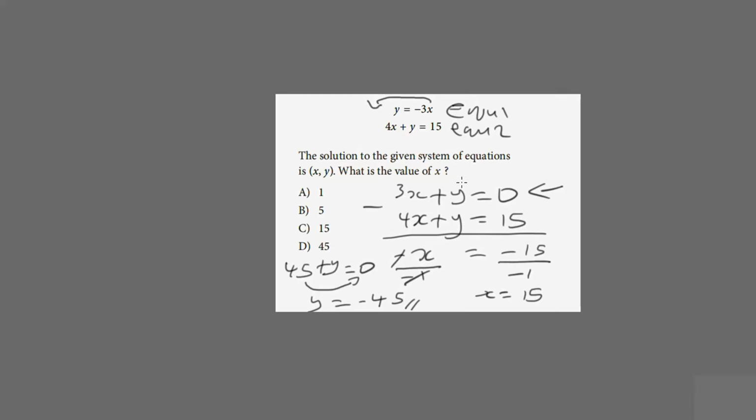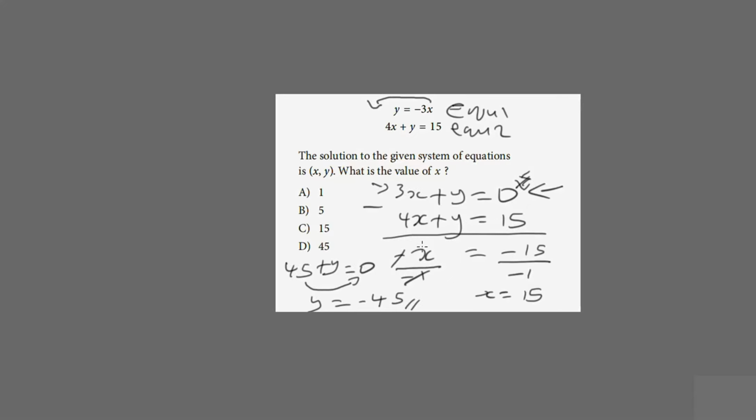Let's verify these values we got with the equations we have here. When you plug in the value of x in this equation, you have 3 times 15, that's 45, and the value of y is negative 45. So it will be 45 minus 45, you have 0. So this is correct.